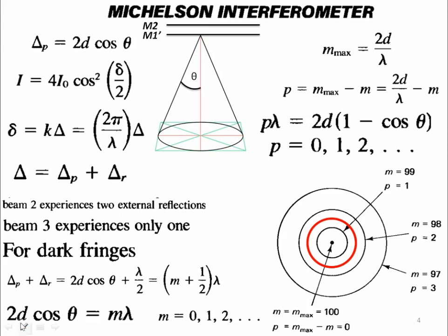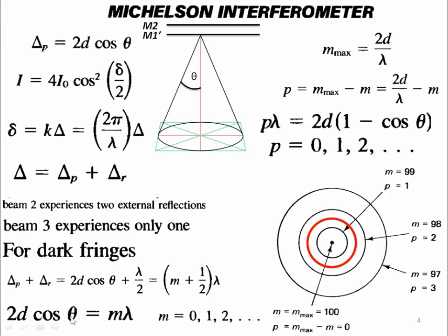Now let us change the value of d. What do you think this will do? If we fix theta and change d, what will that do? That will do something interesting. If we are changing d systematically, what will happen?